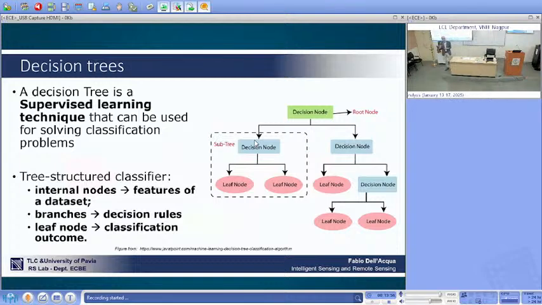a decision strategy. Okay? Whereas, for example, in the maximum likelihood approach, in the maximum likelihood classifier, you don't learn incrementally. You simply take the parameters of the Gaussian and you input them into the classifier, and that's it. Okay?